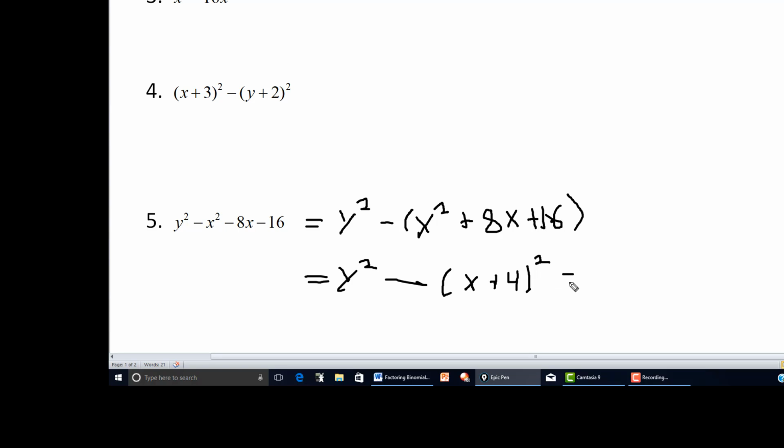So according to the formula, it's going to be the difference and the sum of the square roots. The square root of y squared is y, and the square root of x plus 4 squared is x plus 4, and it's minus that. So that's going to become a minus x and a minus 4. In other words, instead of putting the parentheses, I distributed the negative.